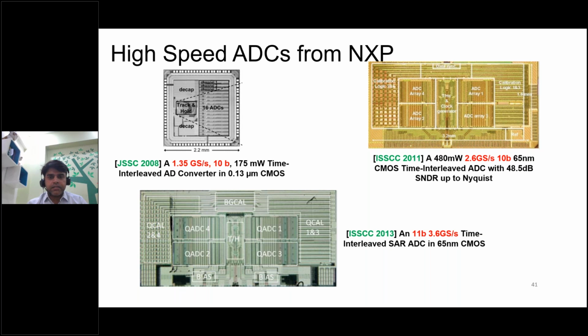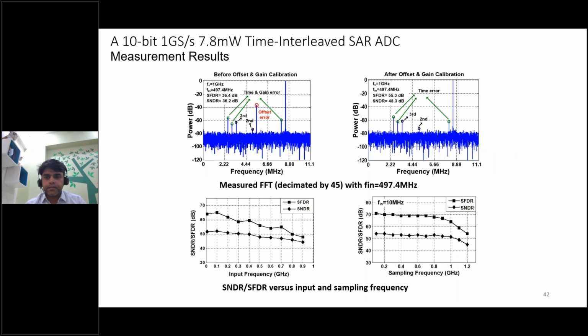If you go to the next slide, this is our recent 10-bit 1 gigasample per second ADC, which attains more or less similar performance to the 1.35 gigasample one, a little bit slower in speed.